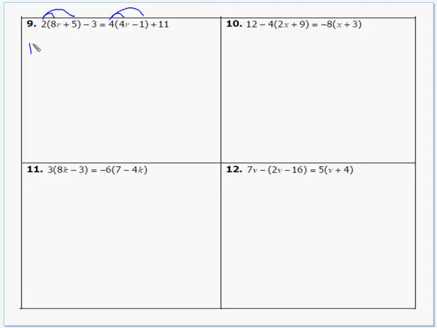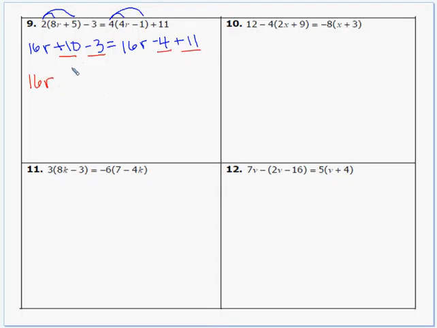We have 16r plus 10, and then minus 3. This is equal to 16r minus 4 plus 11. I need to start combining my like terms, and I have like terms on either side. This 10 and minus 3, and negative 4 and 11.